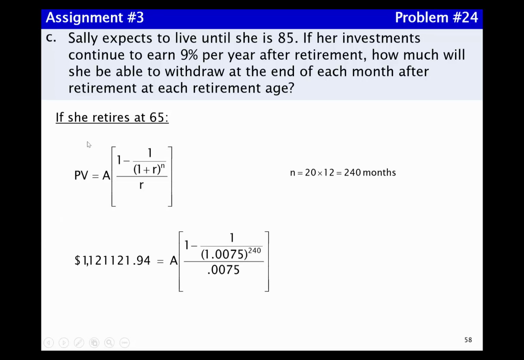We saw that if she retires at age 65, she would have this future value. Set that equal to an annuity times the present value of the annuity using the same interest rate. And she's withdrawing for 20 years or 240 months. And you'd get withdrawals of $10,087.03.